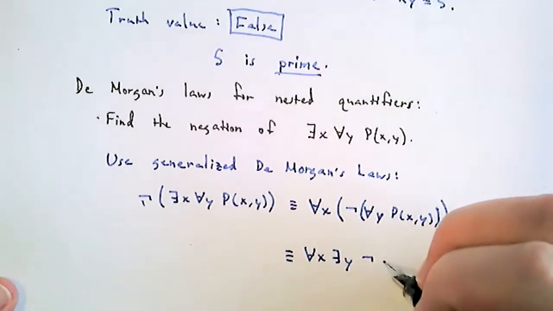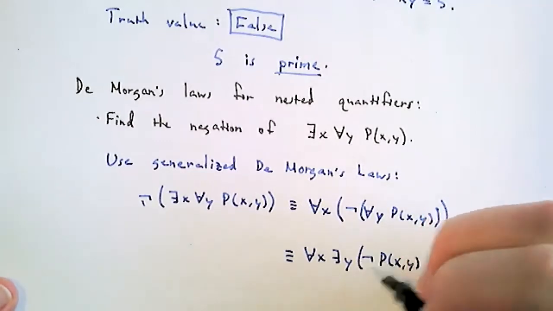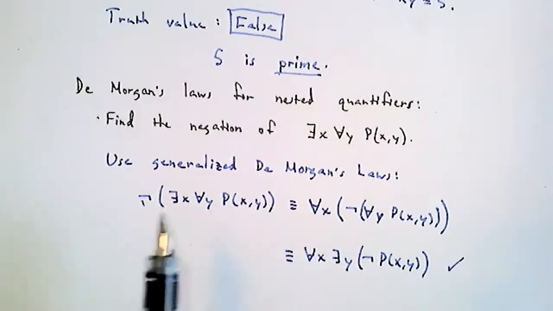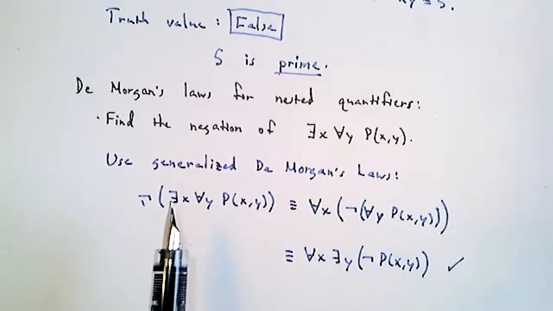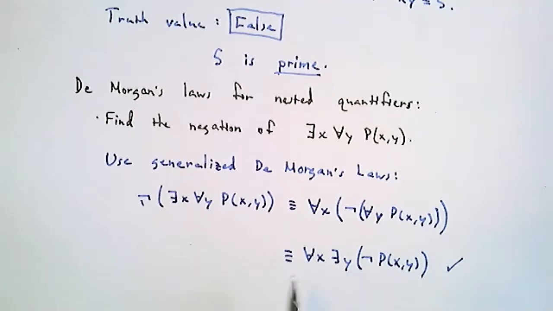So we'll get not p of x, y. Good. So that's how that works. The conclusion is that you would swap all of the quantifiers. Here we have E and then A, and now we have A and then E. So they both get switched, and the negation moves all the way to the inside.